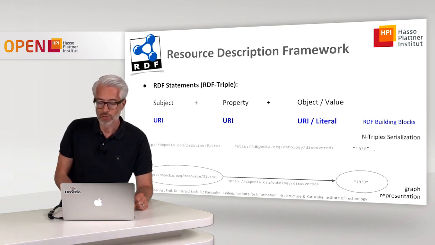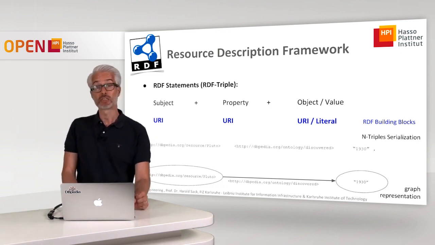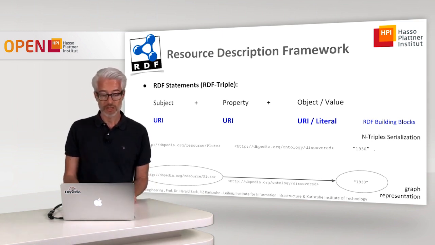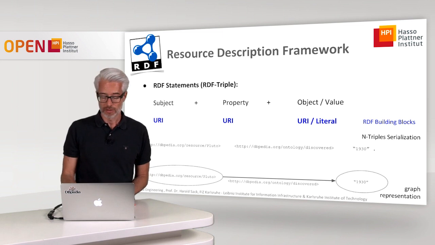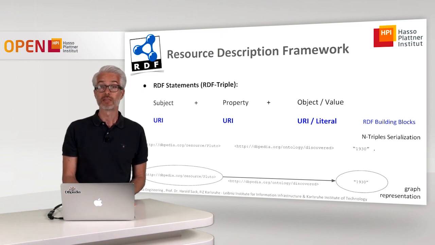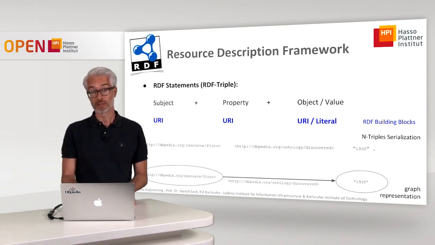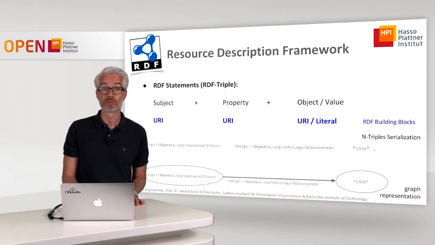And of course, I can also write this down in a serialization. This is the most simple serialization for RDF. It's called N-triple serialization. And then you have here the subject, Pluto. And then you have discovered, also taken from the URI, from an ontology where you have discovered. And then you have a literal 1930. A literal character string is usually expressed, as you see here, in double quotes.